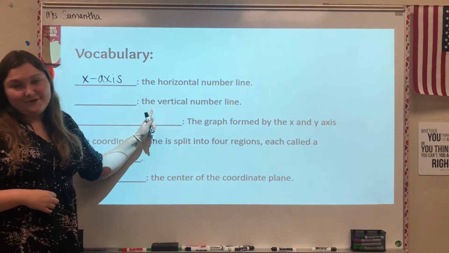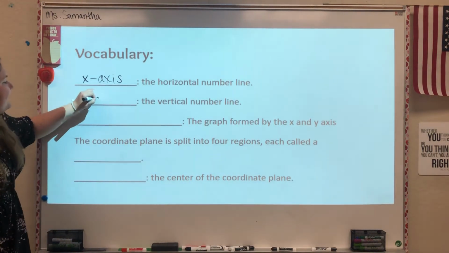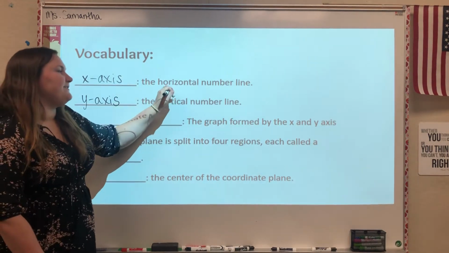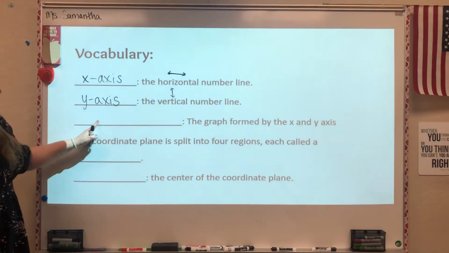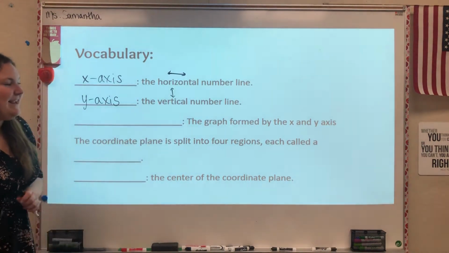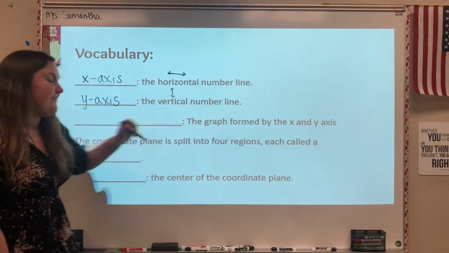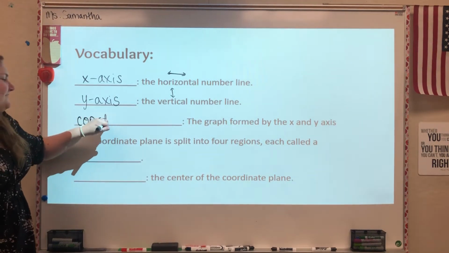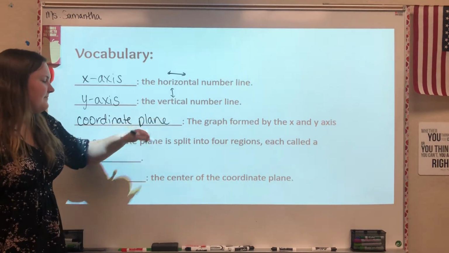The name of the vertical number line is our y-axis. Vertical, just as a reminder, goes up and down, and horizontal goes sideways. The next one, this one is the name of the graph formed by the x and y-axis. The name of that graph we just saw is coordinate plane.